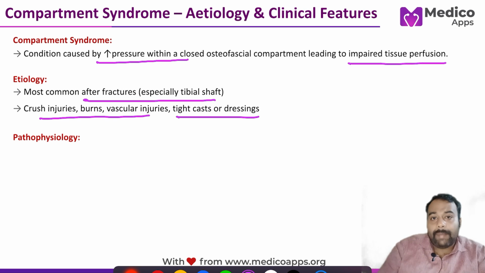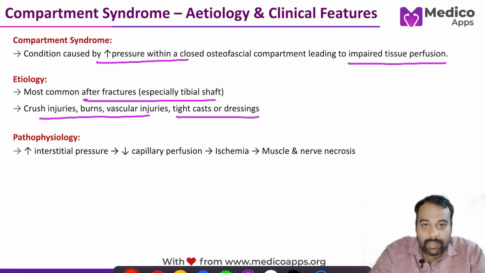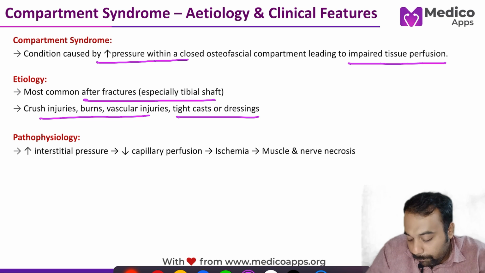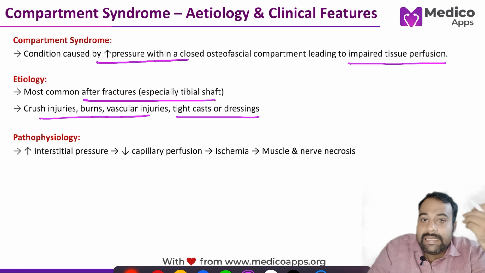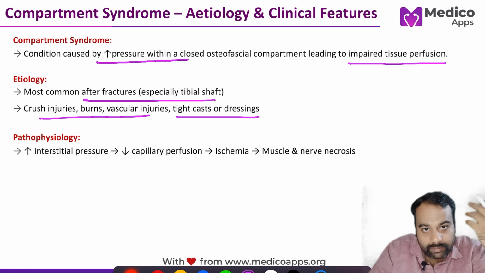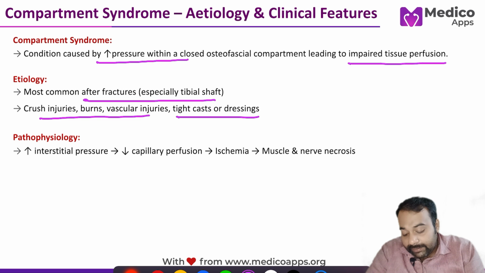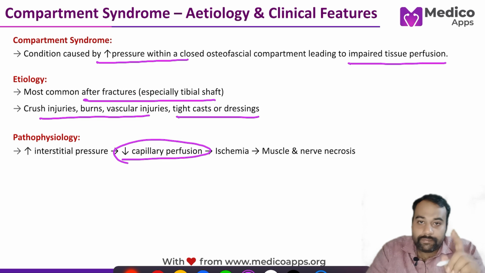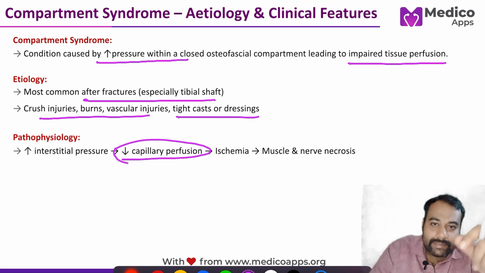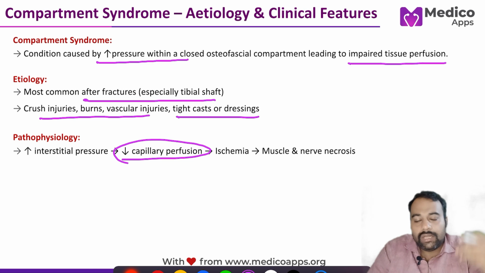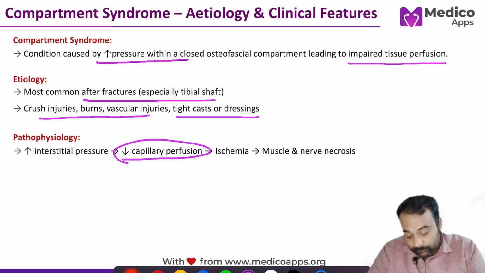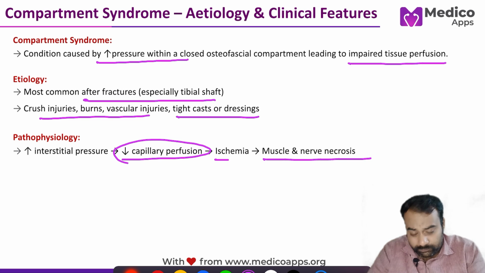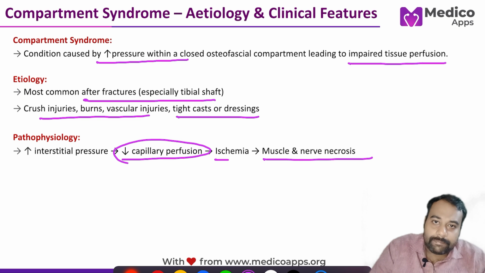Regarding the pathophysiology, how is it so important? Look, the interstitial pressure of the compartment is raised, right? As a result, there is decreased capillary perfusion. That decrease in capillary perfusion leads to subsequent ischemia, and that ischemia leads to muscle and nerve necrosis, right?